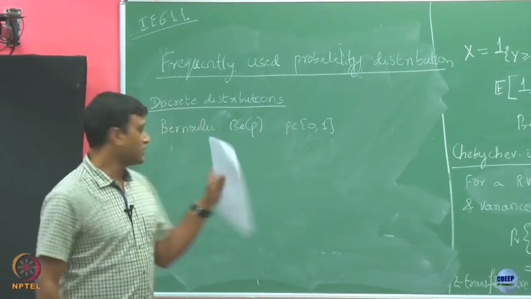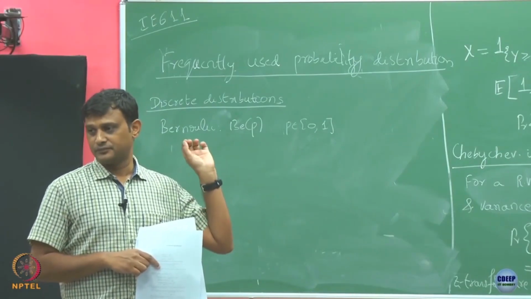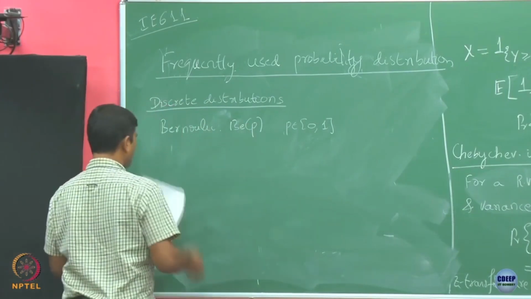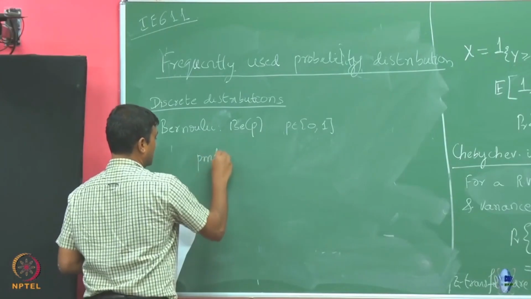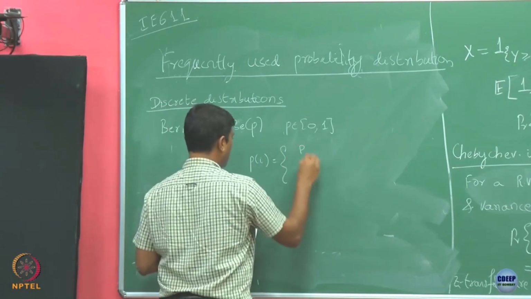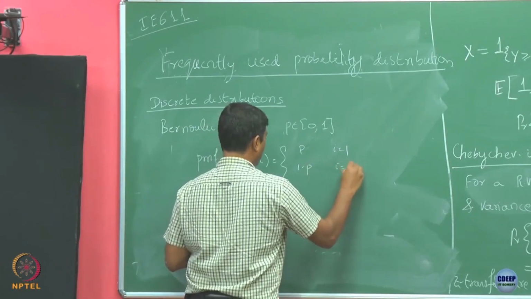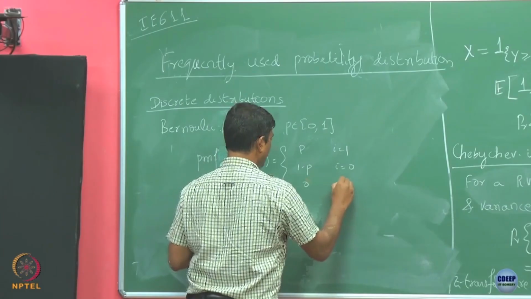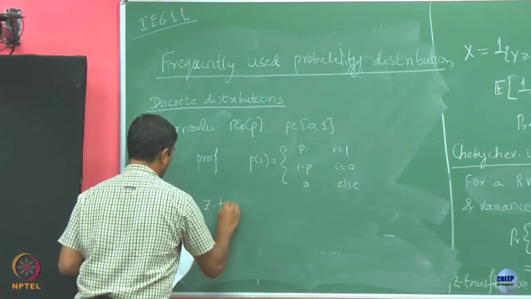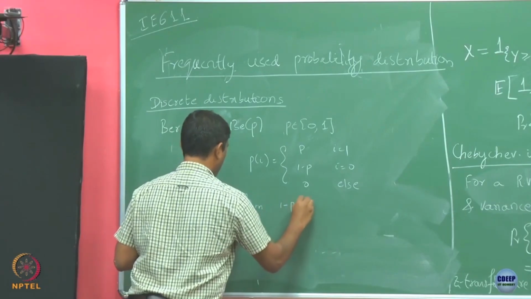I am now talking about probability distributions of discrete random variables, right? So I will only give the probability mass functions. The PMF is defined as P of i equals p for i equals 1, 1 minus p for i equals 0, and 0 else. And its Z transform is 1 minus p plus pz.